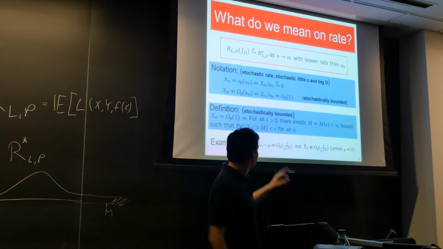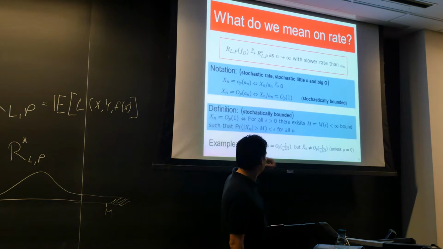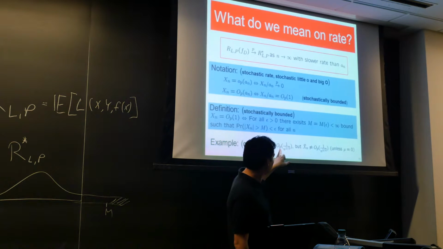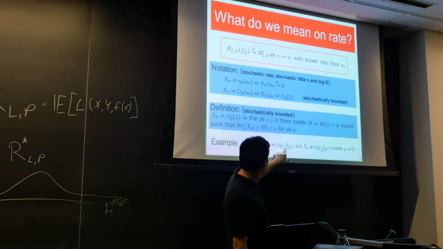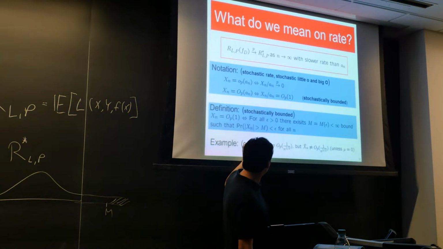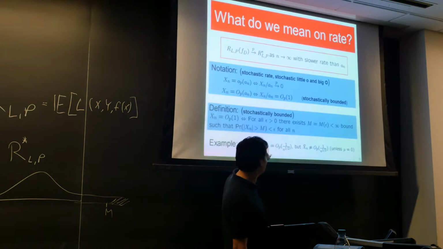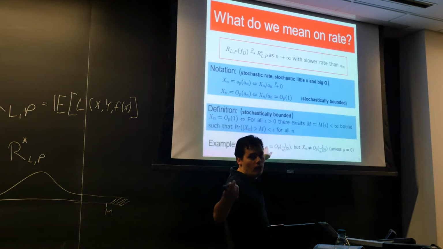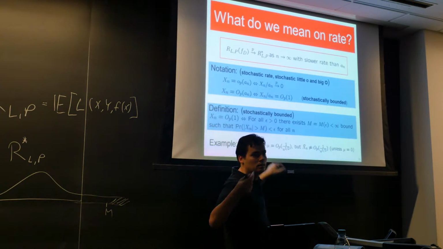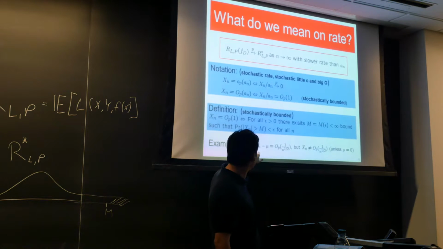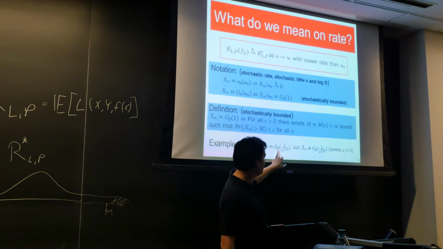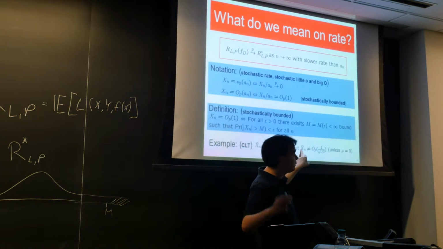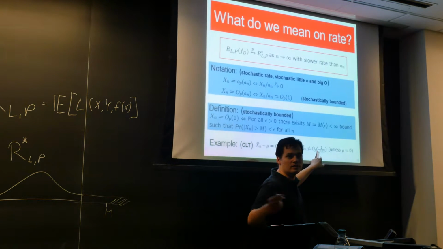So informally, that just means that xn bar, the empirical average, minus mu is big O p1 over square root of n, because if you multiply both sides by square root of n, it just means that square root of n times xn bar minus mu is big O p1, so it's stochastically bounded. Okay, so xn bar minus mu has this rate, but xn bar itself doesn't have this rate if mu is not 0.